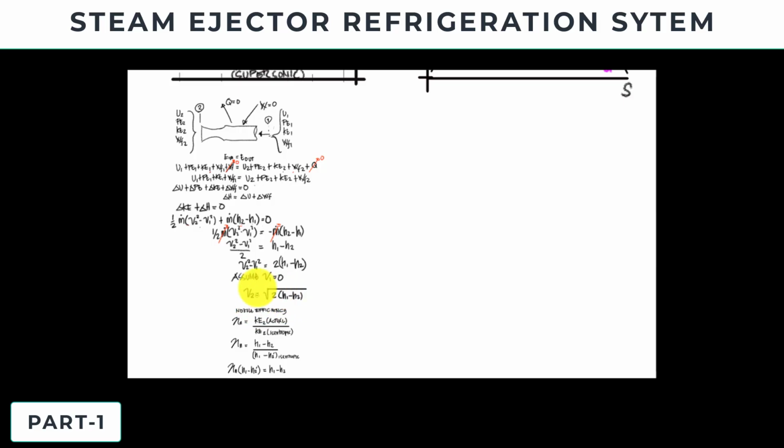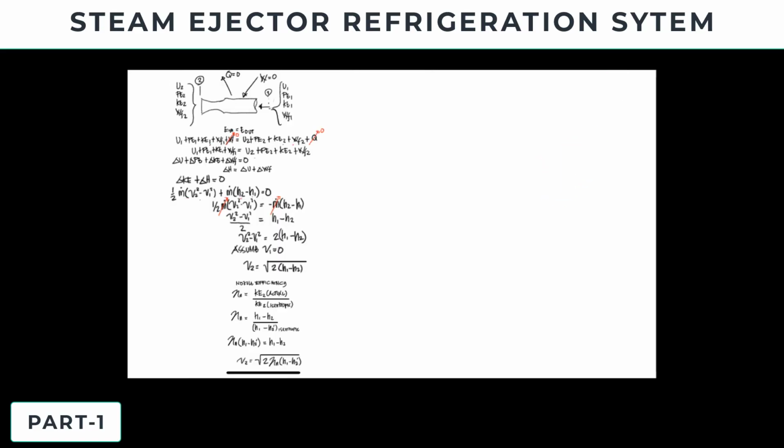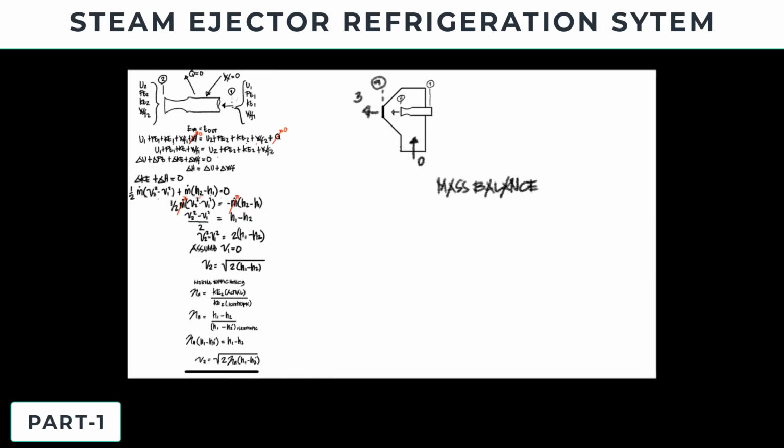Now we can rewrite this velocity as the square root of 2 times the change in enthalpy between 1 and 2, which is equal to the same, so that will be the efficiency of the nozzle times enthalpy 1 minus enthalpy 2 prime.